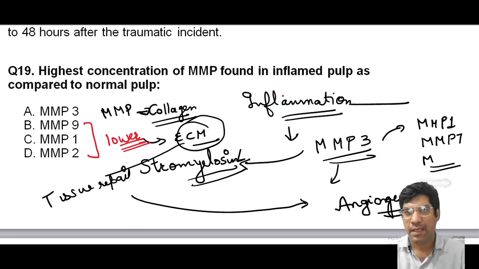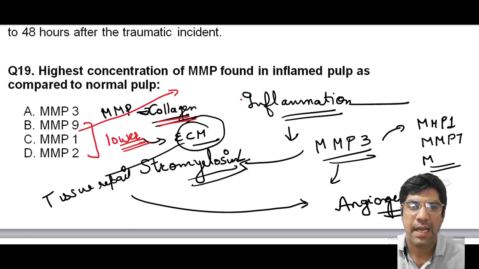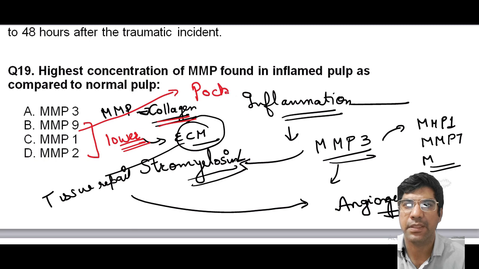MMPs break down collagen, leading to destruction of the periodontal ligament, which causes tooth mobility and tooth loss. In chronic periodontitis, MMP8 and 9 are elevated in GCF. They result in degradation of the collagen fibers, leading to attachment loss and periodontal pocket formation.